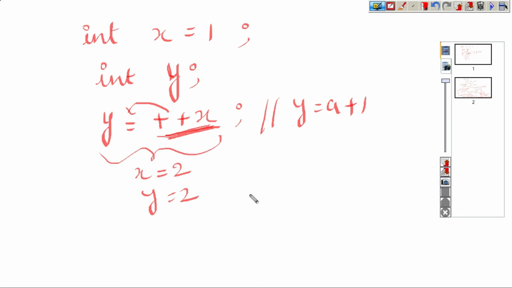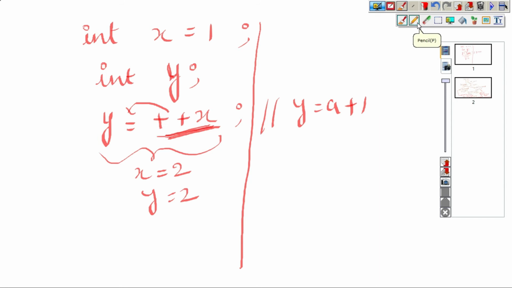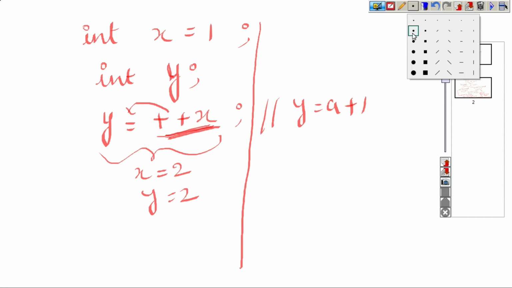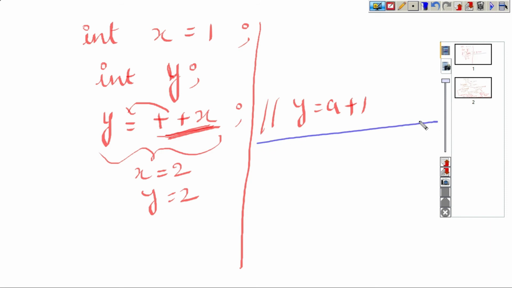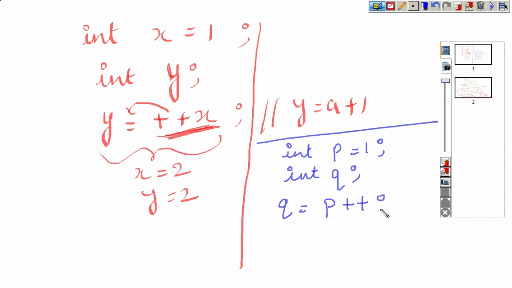Now let us say instead of this, I take two variables, p is equal to 1 and another variable q, and now I say q is equal to p plus plus.